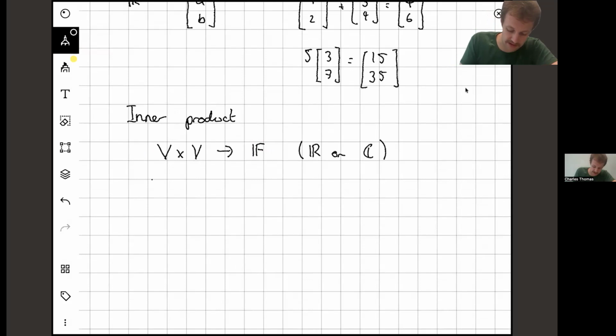And we're going to write it like this, where V and W are going to be our two vectors, and this is going to be some number.